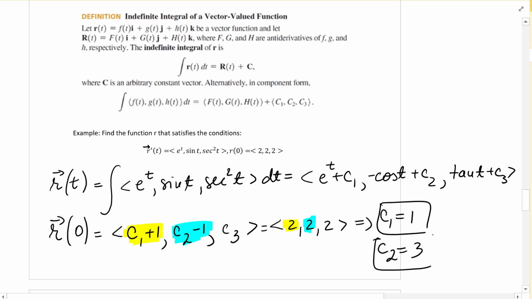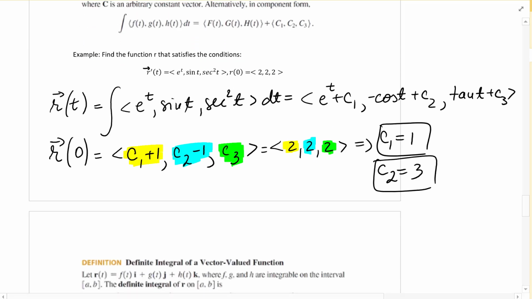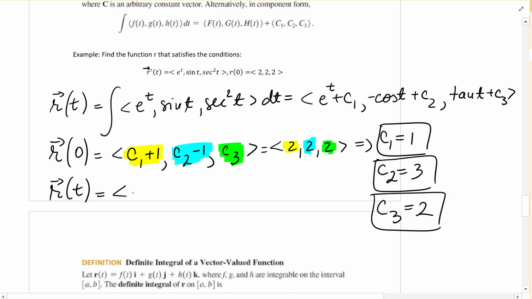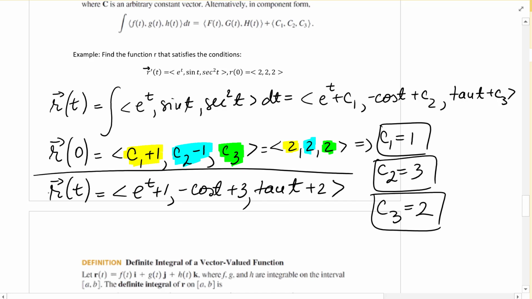And then c3 equals 2. So in other words, r of t is equal to e to t plus 1, negative cosine t plus 3, and tangent t plus 2. This is the function that we were looking for.